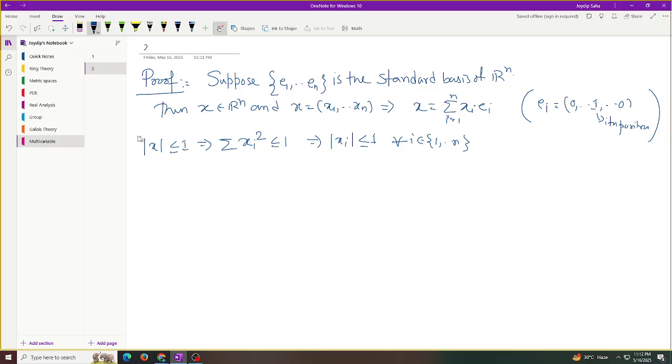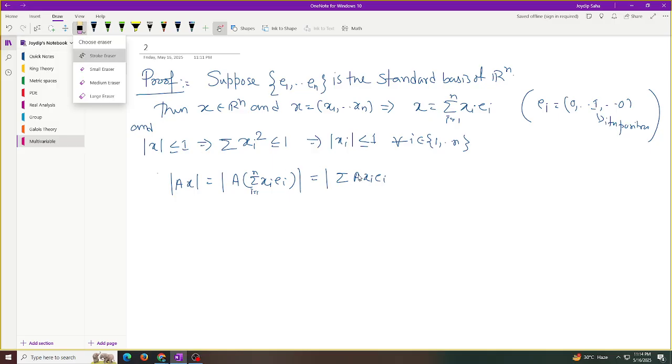Now, what is mod Ax? I should write this, xi is a scalar.